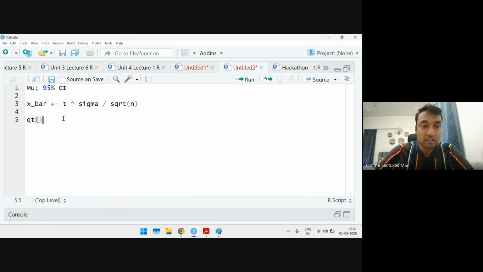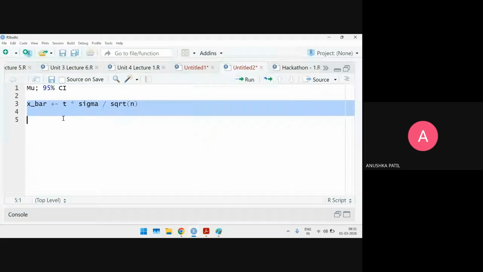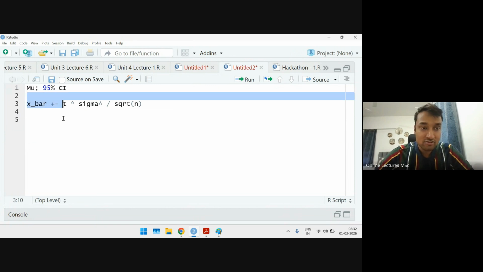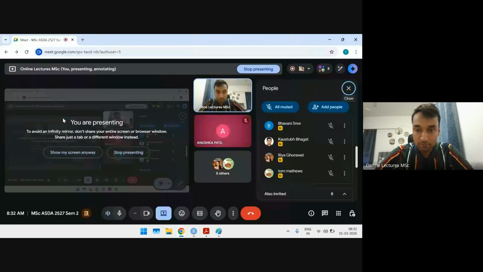And moreover, I never told you the degrees of freedom, so you cannot find out even the value of T. Z is fine, but you technically use Z when sigma is known. Technically, which is not, so this sigma you would estimate. Hence, it would start to follow the T distribution. Again, that is not a problem statement. So, Bhavani, I hope that answers.